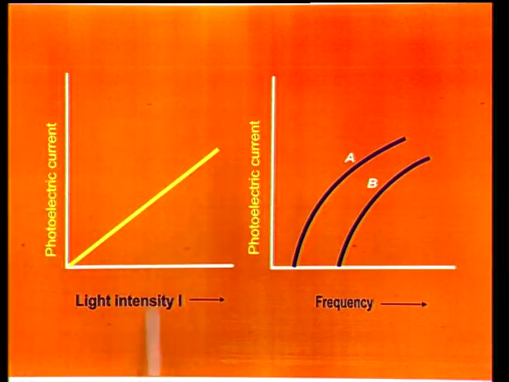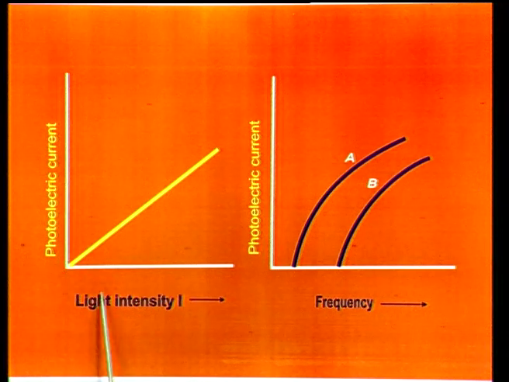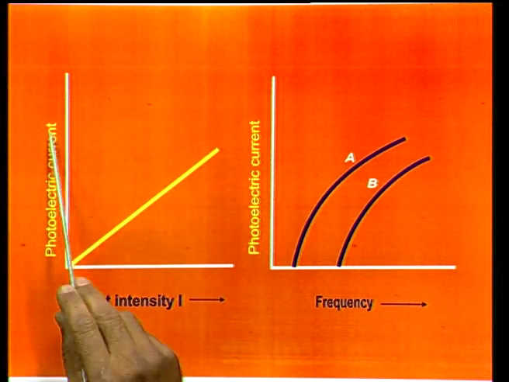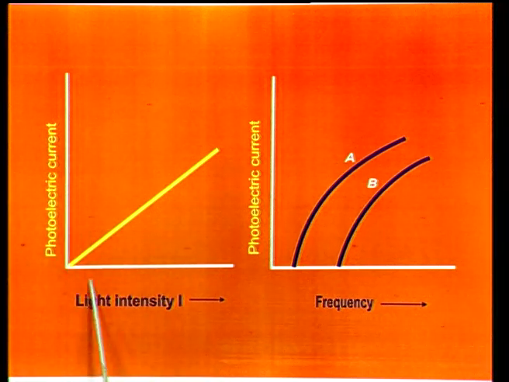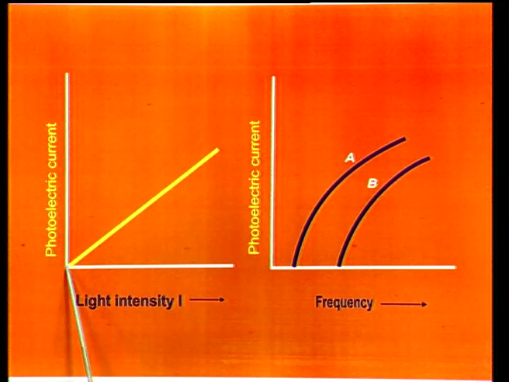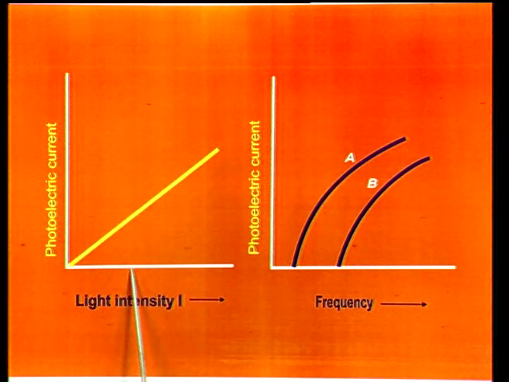The arrangement for that will be totally different. In this part of the visual, we will observe that as the light intensity increases, the photoelectric current increases. That means when the light intensity is 0, when there is no light, the photoelectric current will also be 0. And as we increase the light intensity, what do we mean by increasing the light intensity?